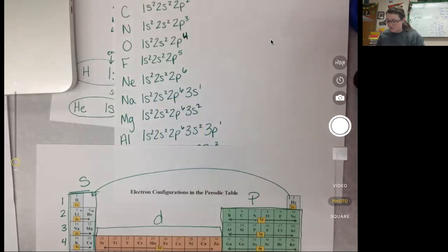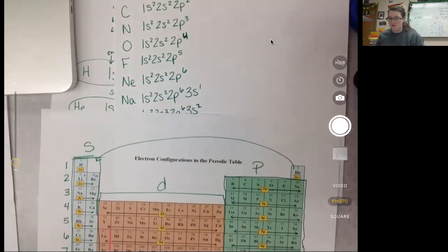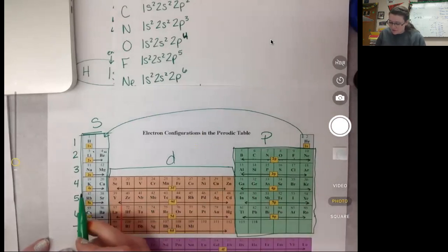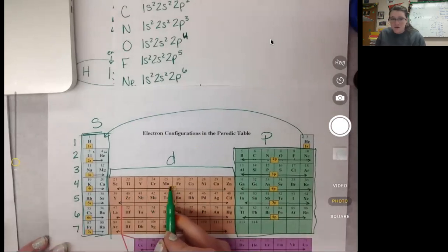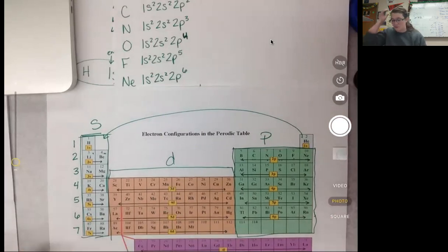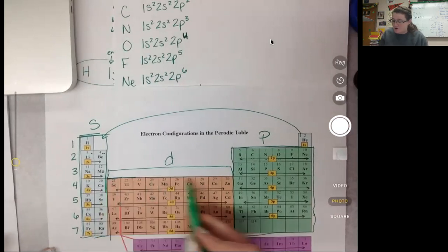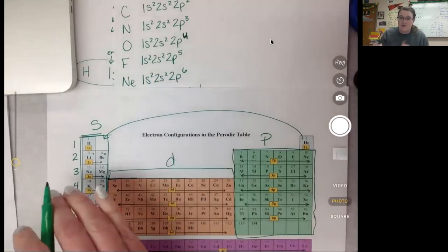The one thing you have to remember is that some of our energy levels overlap. And so when you're doing 3p, you jump down to 4s, and then this is 3d. So our d energy levels are a little bit higher energy than the s before it. And so you just have to remember that when you get into this little magical fairy zone right here, that you jump down in energy level.